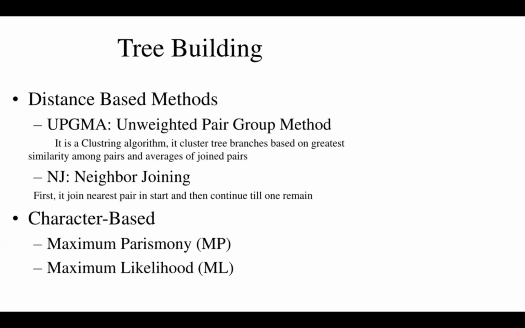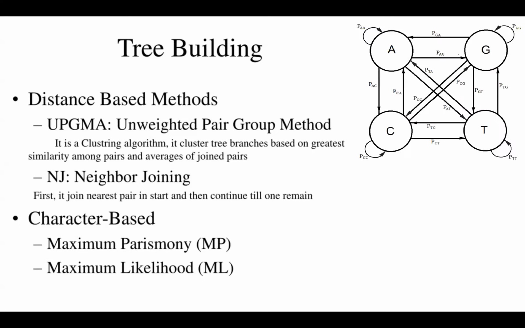Character-based methods are not about distance, but about probabilities. They are trying to count probabilities of every single tree. For example, substitution of each nucleotide or each amino acid can be different.